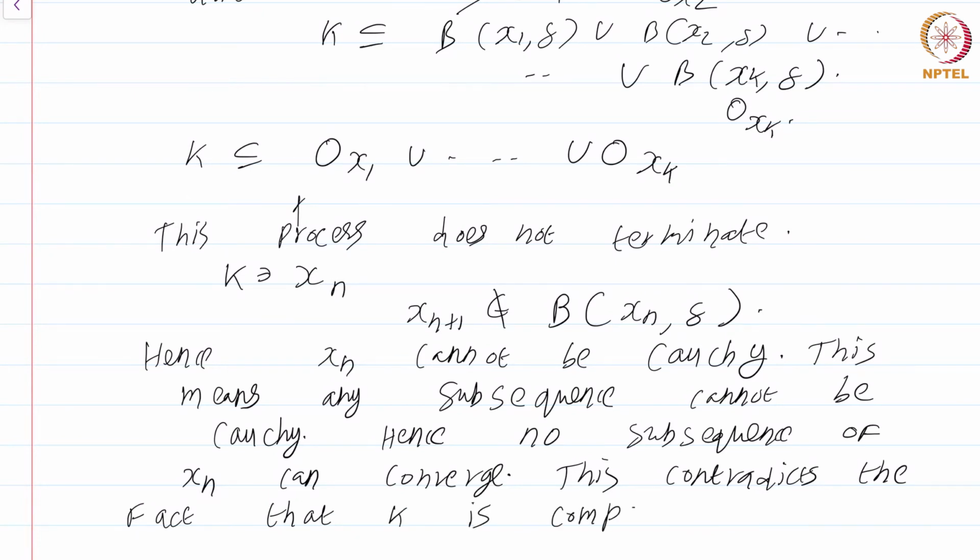Compact means any sequence has to have a convergent subsequence. We have just found a sequence that has no convergent subsequence. So what we have shown is that if K is compact, any open cover will have a finite subcover.